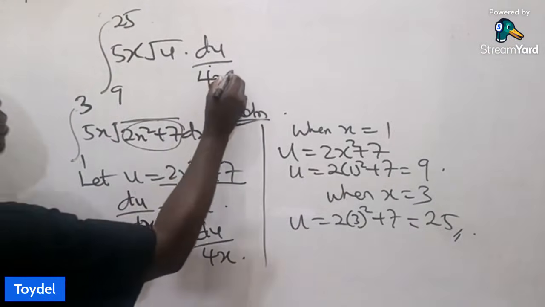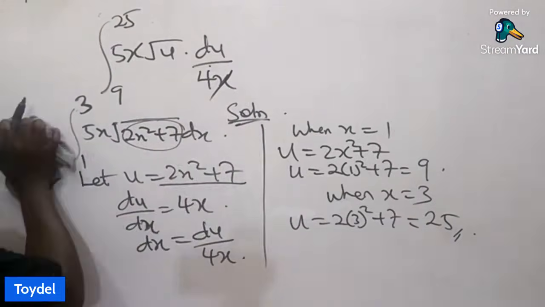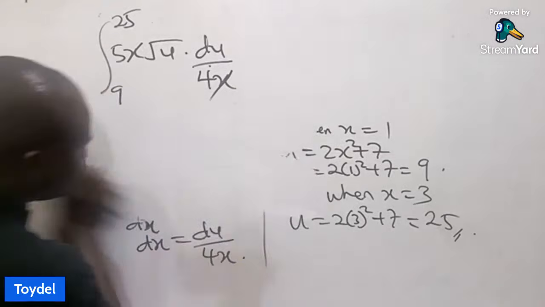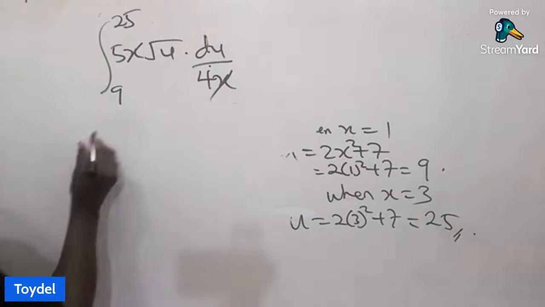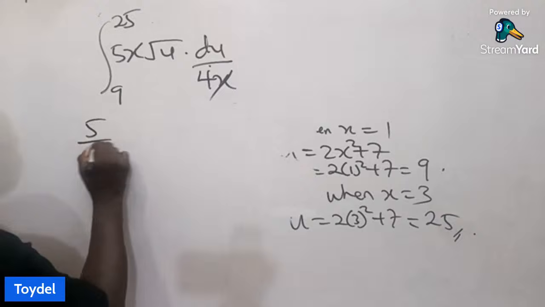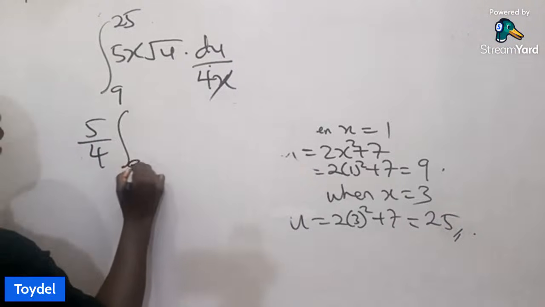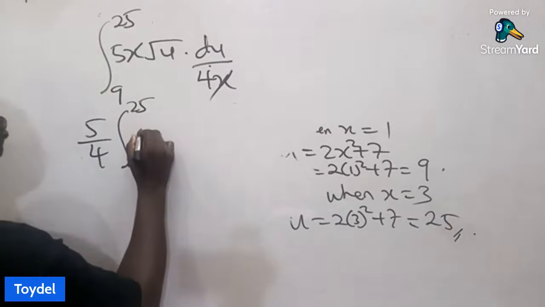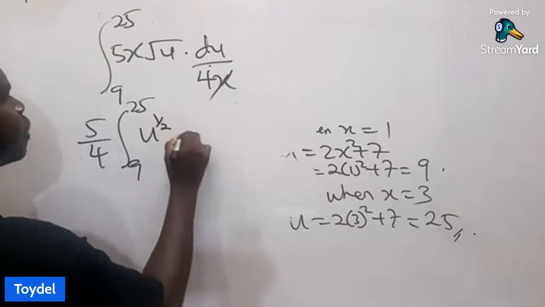So x will cancel x. If x cancels x, we have 5 times 1 over 4. We can bring it out. Integral from 9 to 25, and square root of u is the same as u to the half, du.